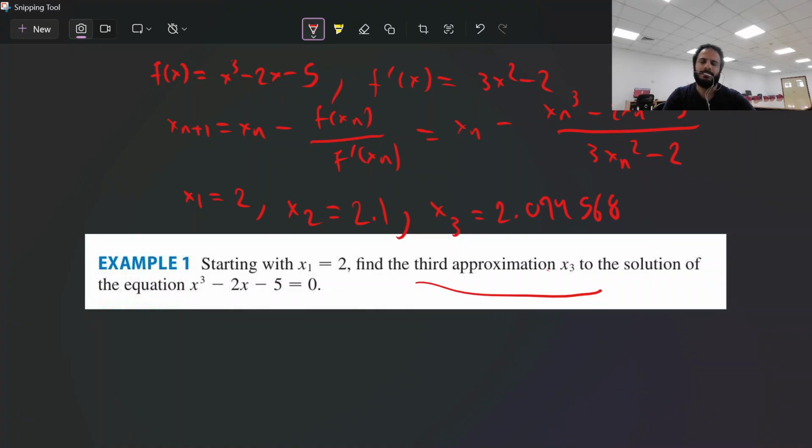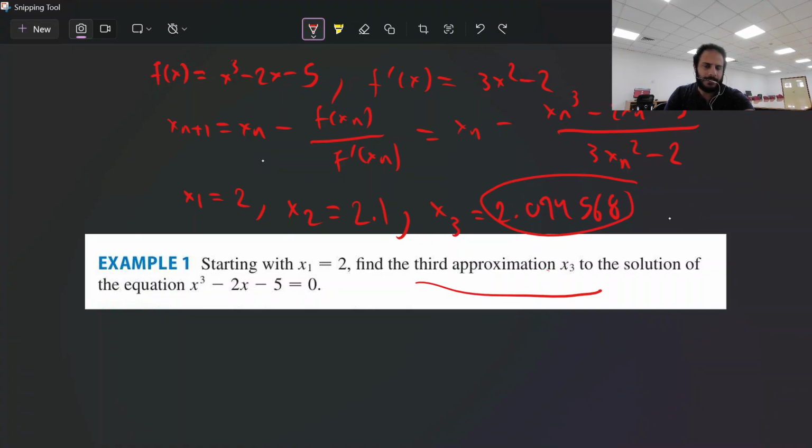Professor, I think so. You got the wrong answer. What? The answer should be 1.99 something. This one? Yeah, for x3. This? Yes. 2.1? I got 1.99. You get 1.9?